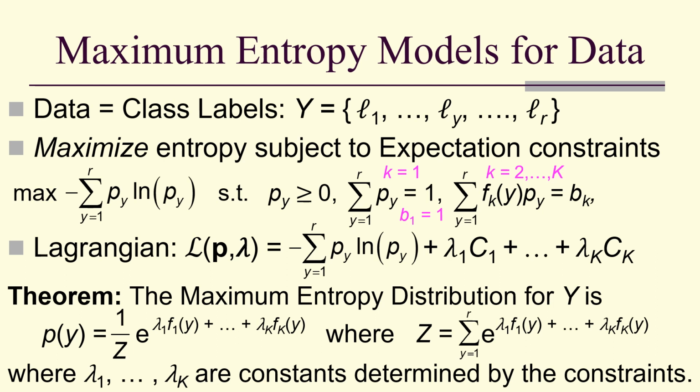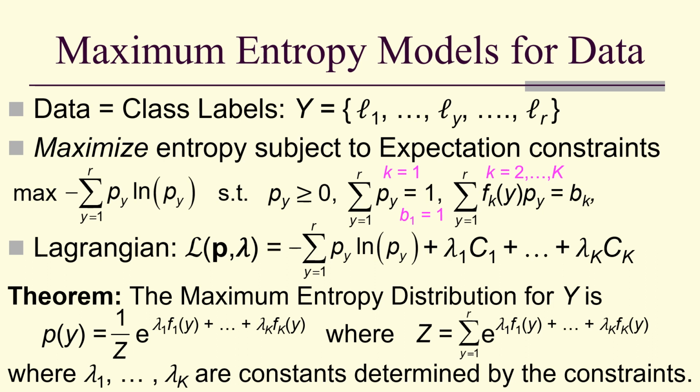So in other words, we have a theorem. The maximum entropy distribution for y is P of y is 1 over z times the exponential of this linear combination of the functions that are applied to the labels, where z is the sum of the exponential of all those, the partition function, and the lambda 1 to lambda k are constants that we've determined using the constraints.